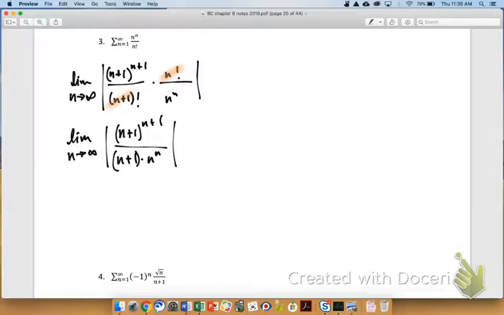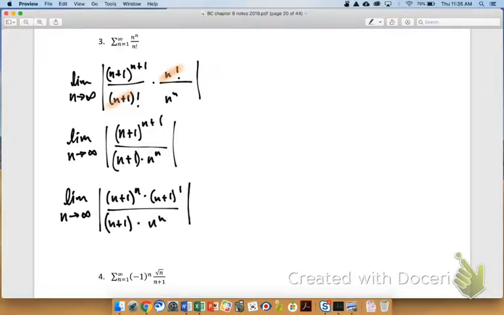Okay, so now, what could I do? Well, maybe I could work with the top. Wouldn't the top be n plus 1 to the n times n plus 1 to the 1? So some of these old exponent rules are coming back into play here, right? So this would cancel with this.